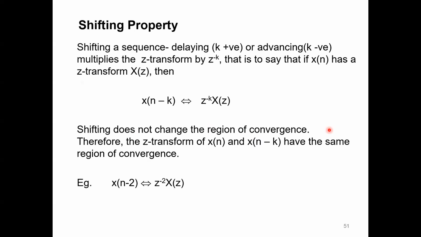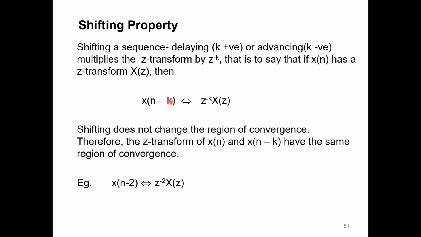Shifting property. If you shift a sequence, like that, your sequence is x(n), and you shift it, now it becomes x(n minus k), right? N minus k. So which means you have shifted to the right by k steps. It's a new sequence.